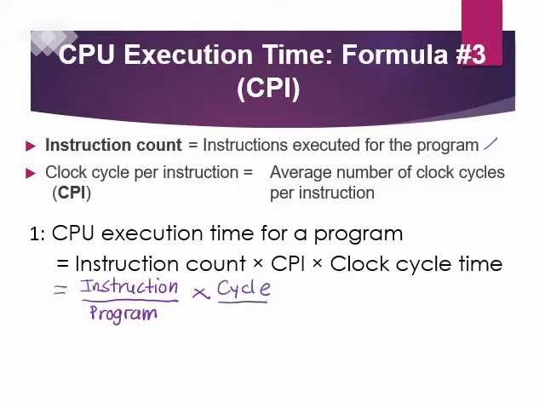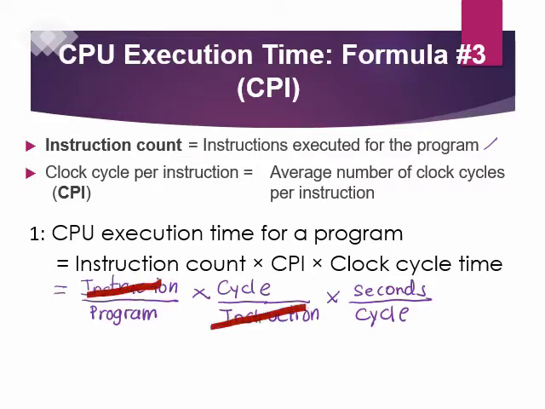per instruction. And clock cycle time is seconds per cycle. No memorization, right? Just look at the term, write down the formula, the unit. Now you can cancel. Instruction, instruction.